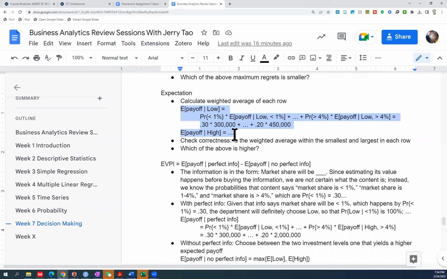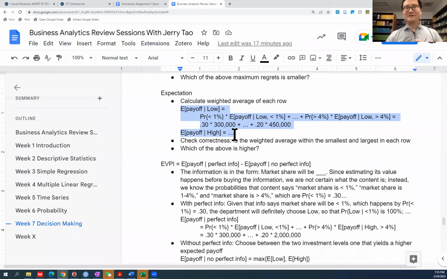So just by looking at the numbers, we are calculating the expected value of payoff, and then we're going to do a difference between them. I think we're going to pick the one which is higher.